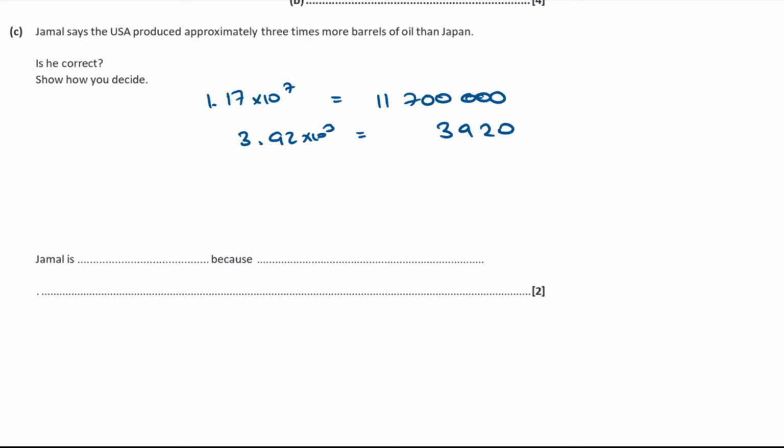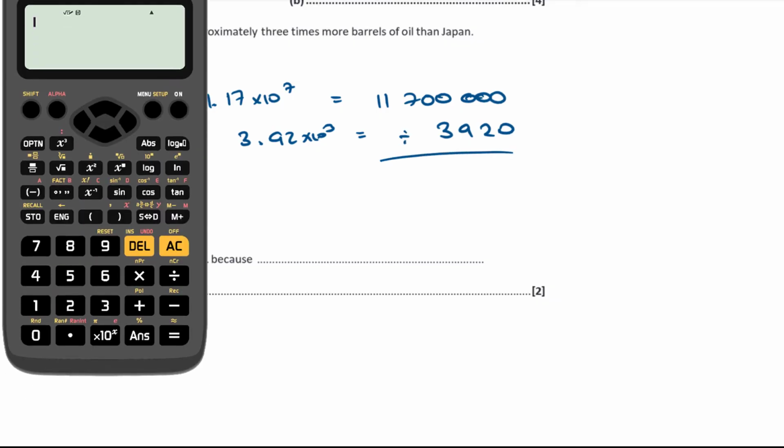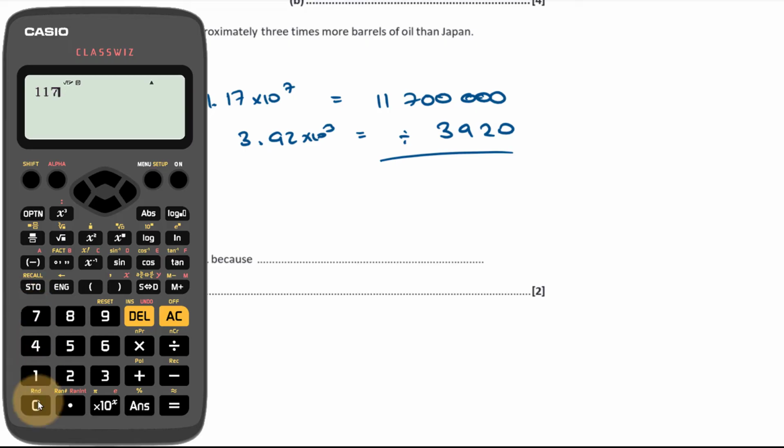So how many times bigger is the first one? If we divide one by the other, 11,700,000 divided by 3,920, that comes out to be basically 3,000. Let's just write it down.